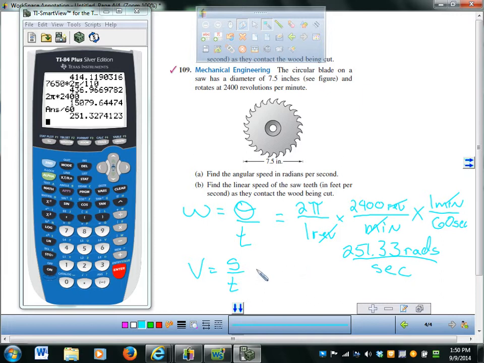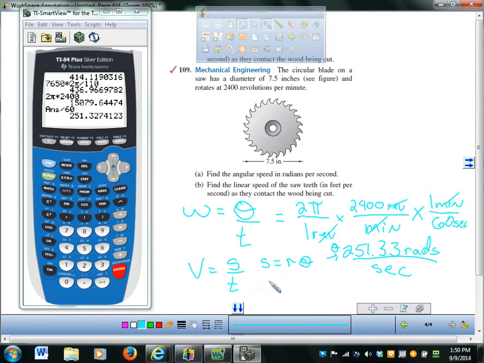And I know this is theta over T. To find S, given theta over T, all I have to do is take that number and multiply by the radius, right? Because S is equal to R times theta, and this is thetas per second, if you will.